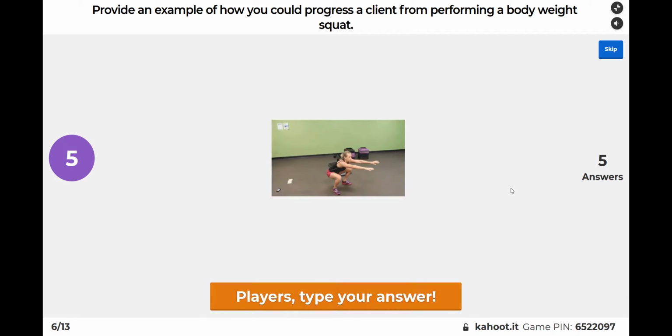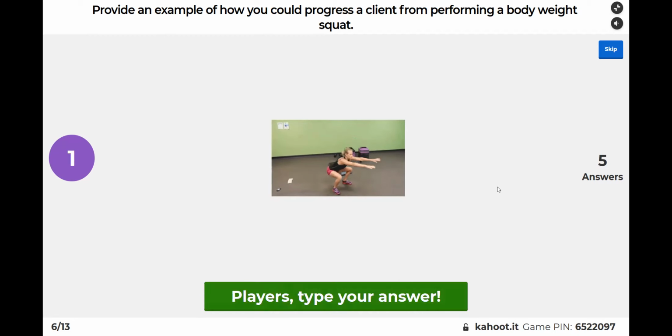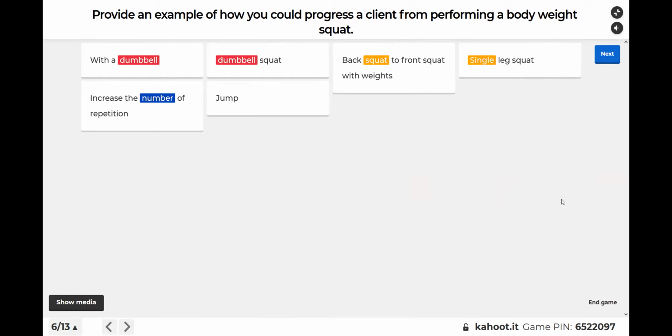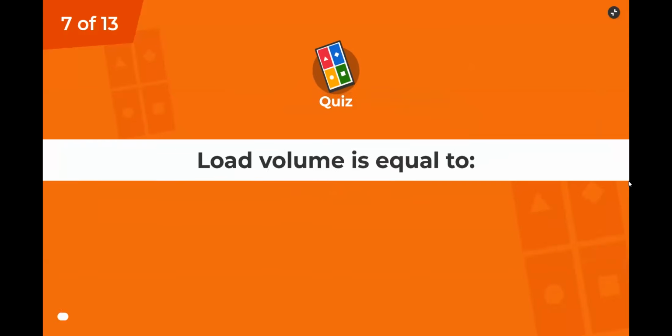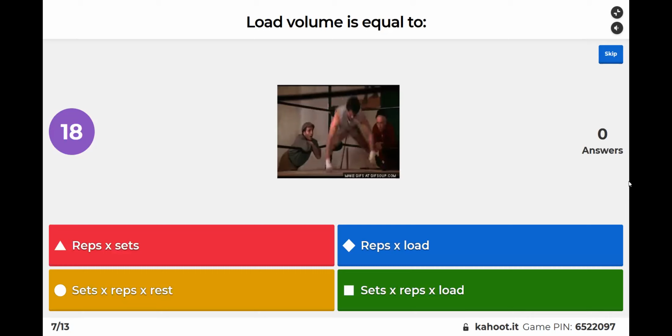Those are some examples I'm giving you. Let's see what we came up with. Dumbbell back squat or front squat, single leg squat, jump, increase the number of reps. Good. All of those are ways you can progress the client performing a body weight squat. So again, adding weight, doing single leg, jumping, changing tempo, all those different examples.